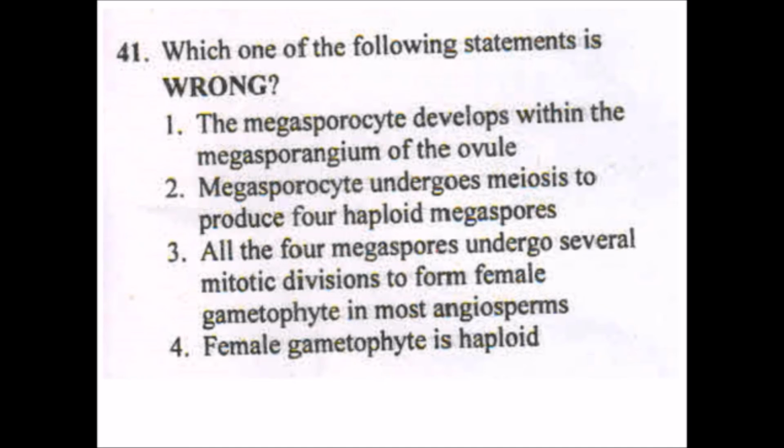The next option is all the 4 megaspores undergo several mitotic divisions to form the female gametophyte. But you have seen it's not all the 4. Rather, in the case of monosporic, of the 4, 3 get degraded and only 1 develops into the female gametophyte. So the statement which is wrong is number 3.